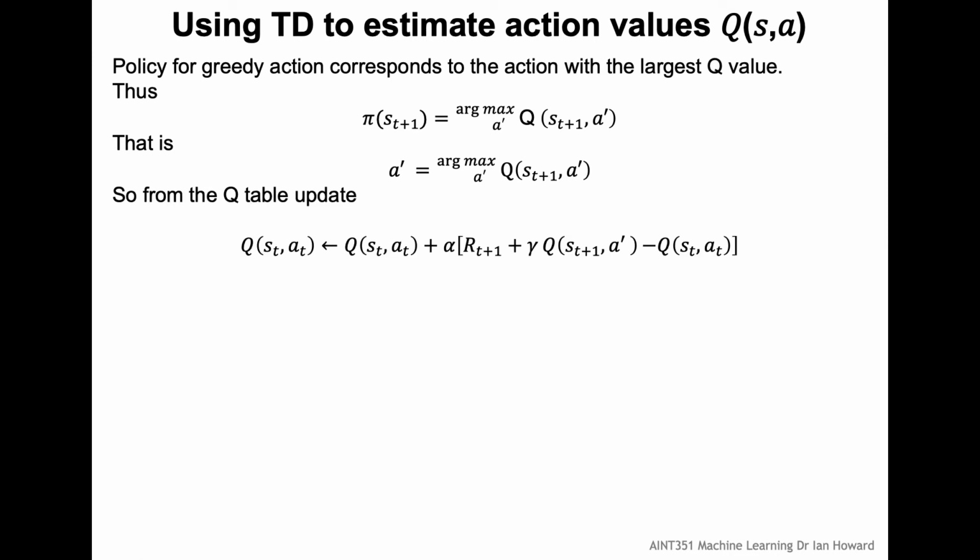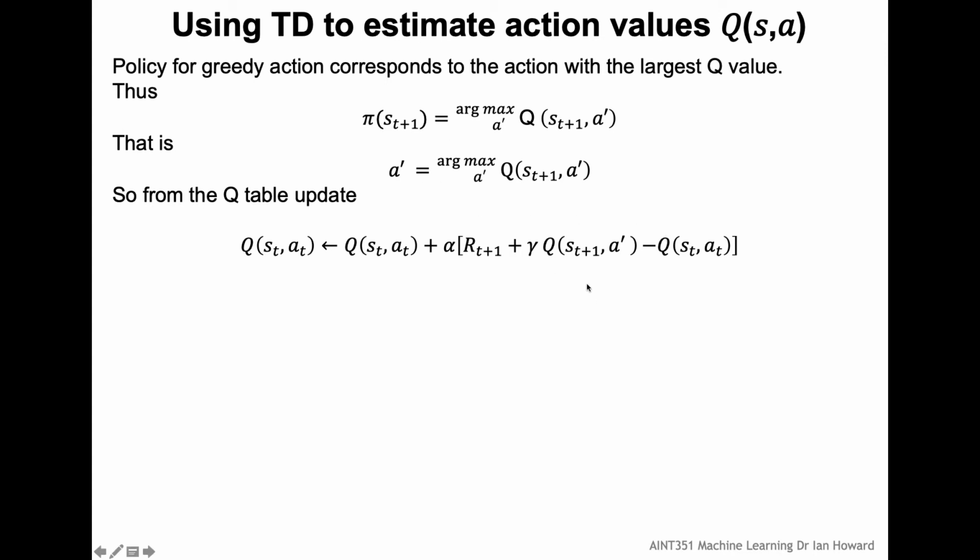Therefore, substituting that into our update, the updated Q value is the current value scaled by the learning factor of the immediate reward on that particular step, plus a discounted version of the Q value represented by the next state, and it's actually the best action that we found just previously.